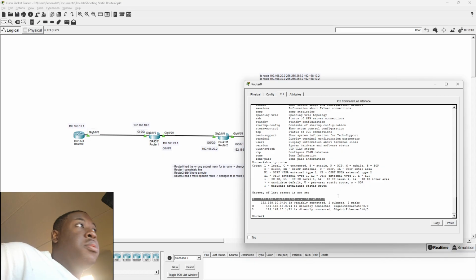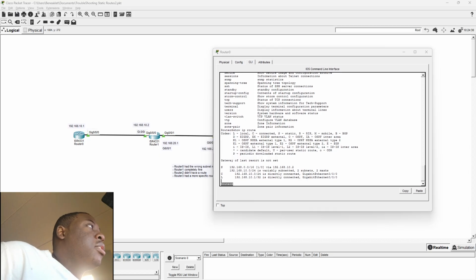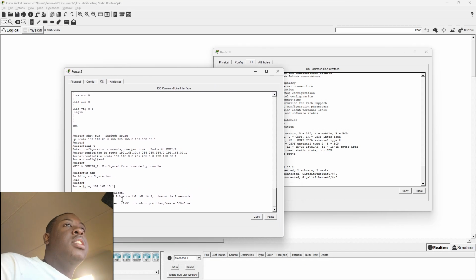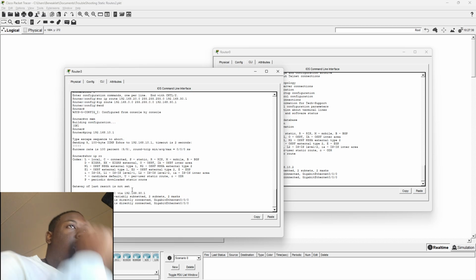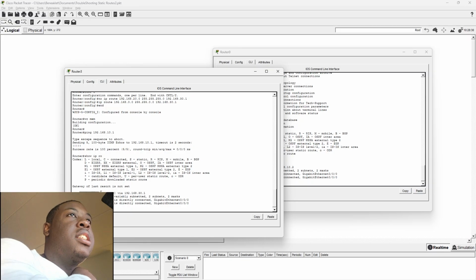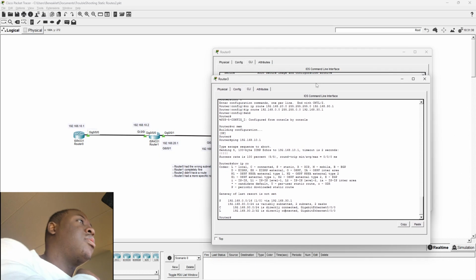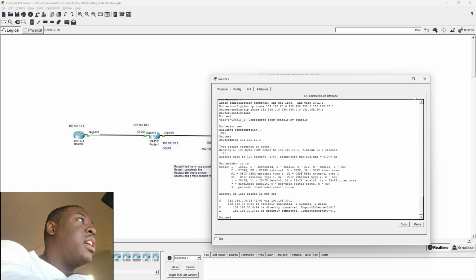This one is S, meaning static, C means directly connected, and L means local, since router 0 and router 1 are wired together. If we go to router 3 and do the same show IP route, it's the same thing, but this one is directly connected to 30.0 and 30.2. So yeah, that's about this whole lab.